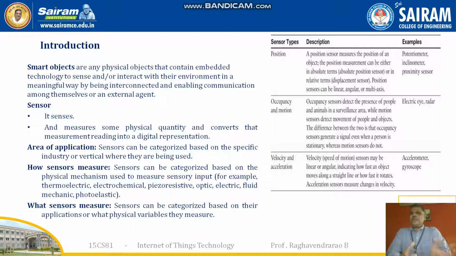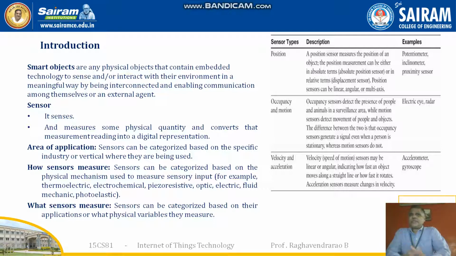Only if the analog data is converted to digital data will we come to know its impact. Otherwise, we will not be aware of what is happening, where we should stop, where we should start. That itself is a big issue. So the conversion is from a measure of physical quantity to a measurable digital quantity, digital representation.